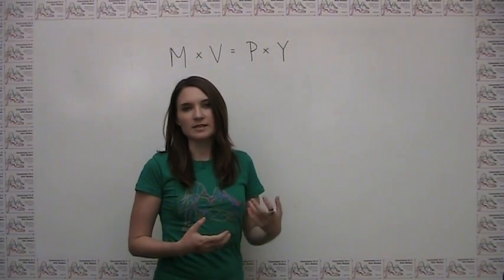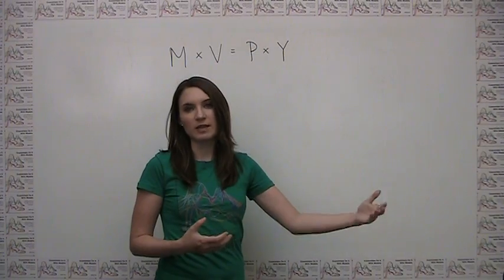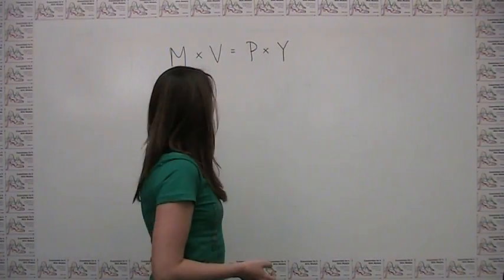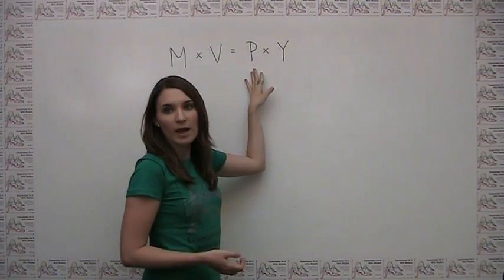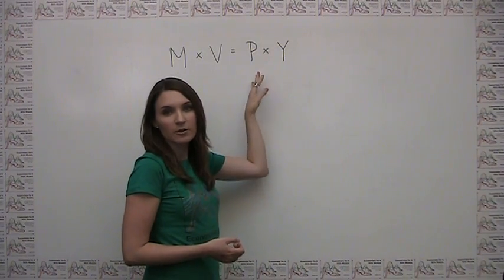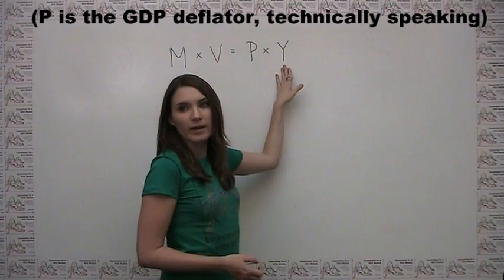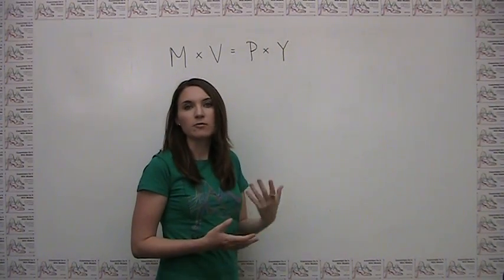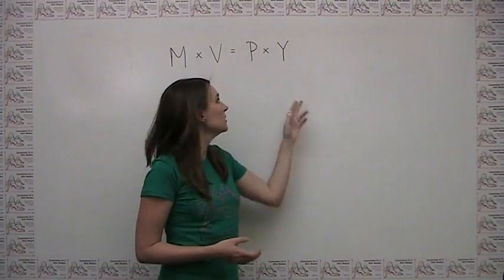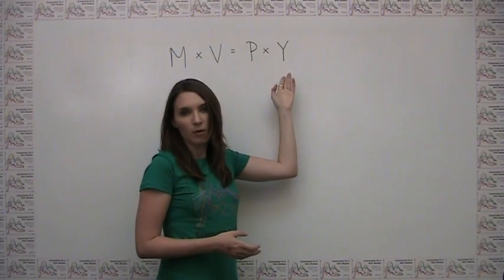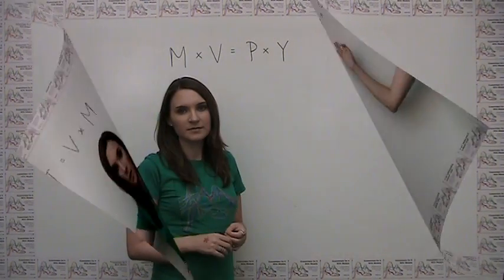You can think of this as how many times money changes hands on average. On the right-hand side of our equation, we have P, which is an aggregate or overall price level, and we have Y, which is the level of real aggregate output, usually being gross domestic product or GDP.